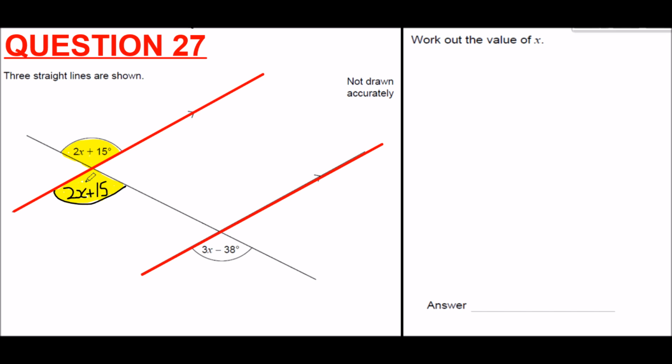Now what we can do is try to spot other angle facts. So if we have a look here, we can make an F shape with these 2 lines.